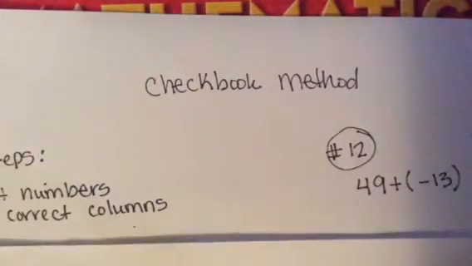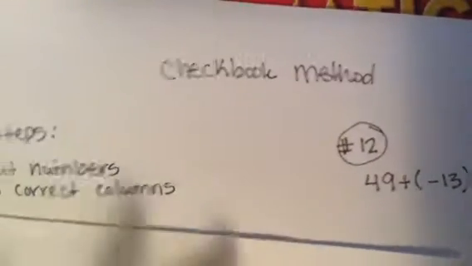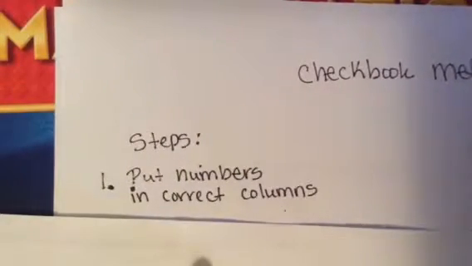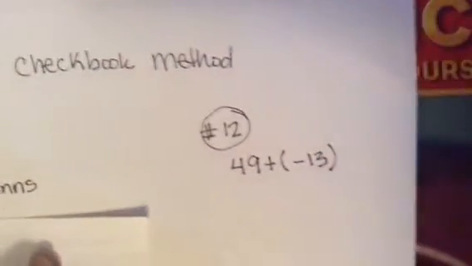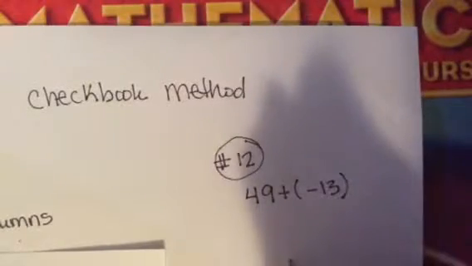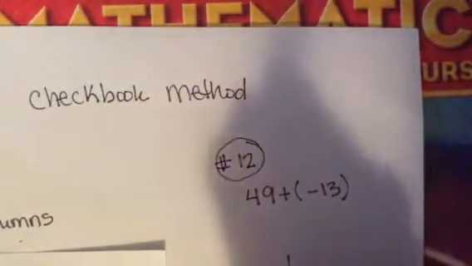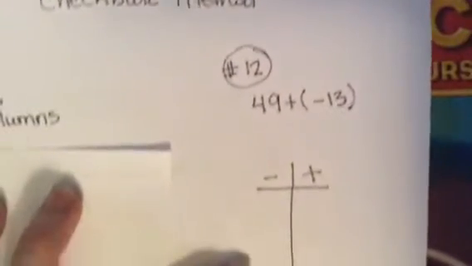Okay, so the first step in doing this is to put numbers in correct columns. So the first thing you need to do is create a t-chart for your problem. Okay, like that.